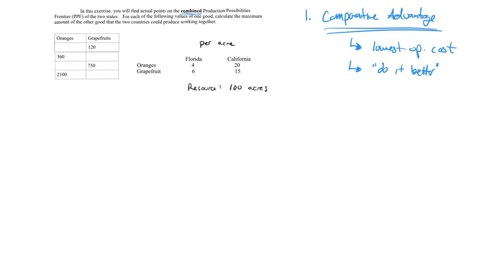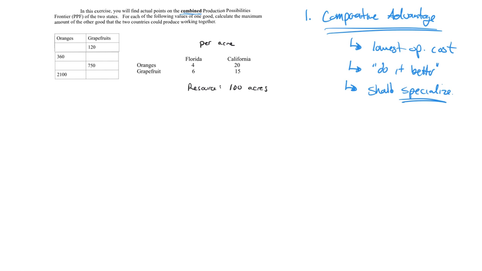I'm just better at doing this. And so we should specialize. It's the whole idea of this type of model that we're finding which state, which country, which firm, which individual, economic agent, if you want to talk about it that way, should be specializing in the production of each good. So we did this in that previous video.